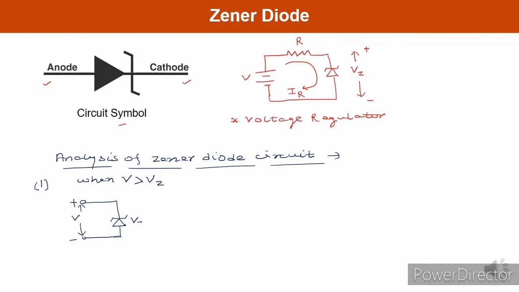Vz is the Zener voltage. It means if the reverse bias voltage across a Zener diode is equal to or more than the breakdown voltage Vz, the current will increase sharply. It means in this region the curve will be almost vertical.